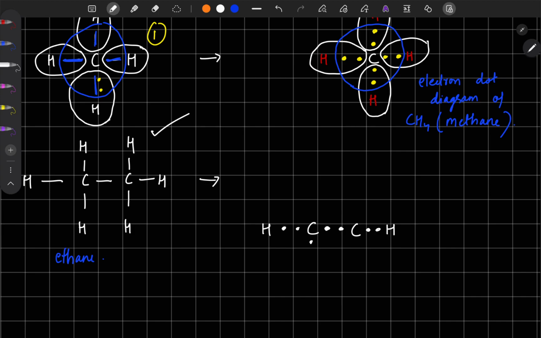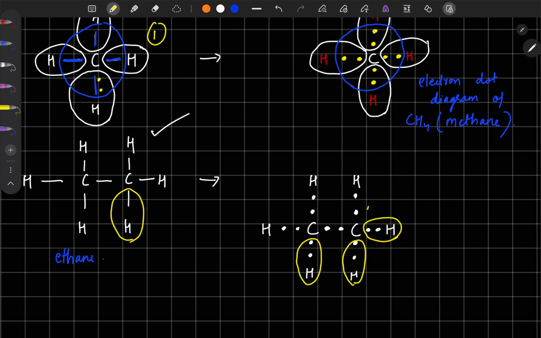Just redraw it like this, representing all the electrons. Now the circling part. Circling is easy. Each hydrogen has only one bond, so just circle the hydrogen orbitals like this. Now circling for the first carbon. The first carbon has four bonds, or a total of 8 electrons, that you need to circle. You can circle it like this.